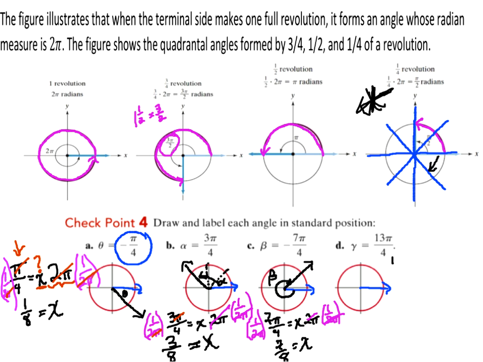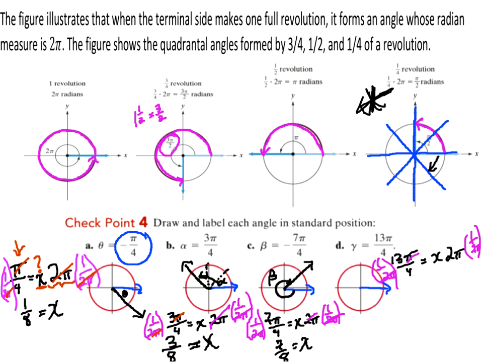All right, the last one. 13 pi over 4 is equal to something times that full circle. Multiply by 1 over 2 pi on both sides. Divide out my pi's.